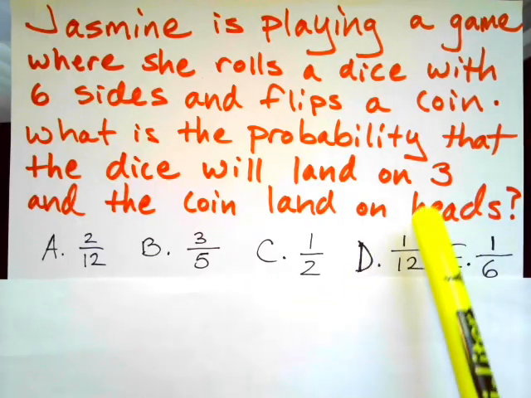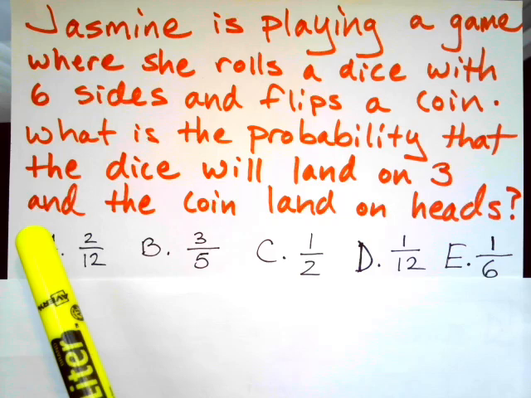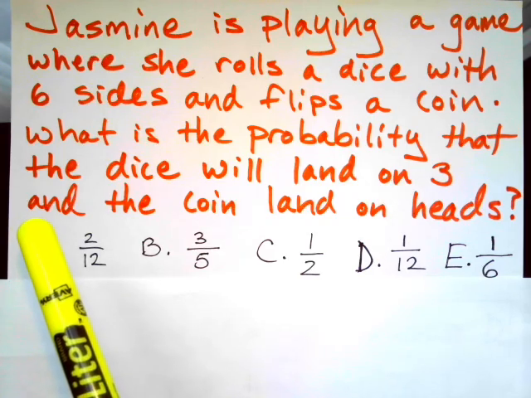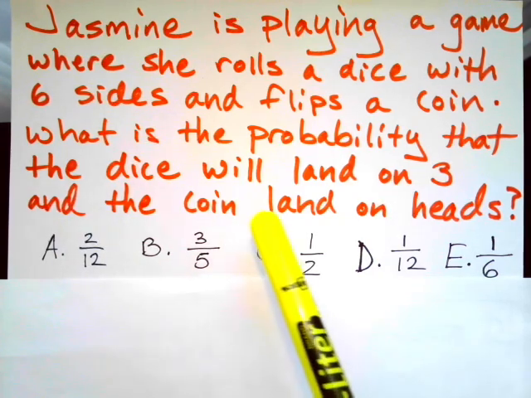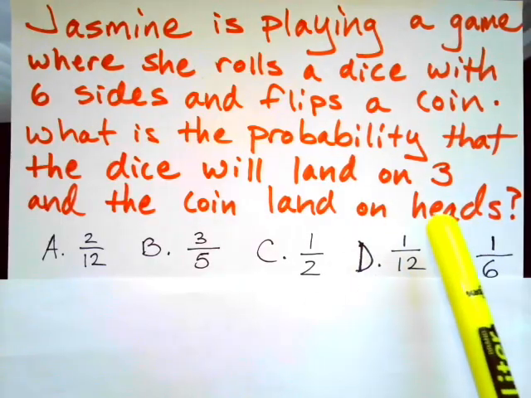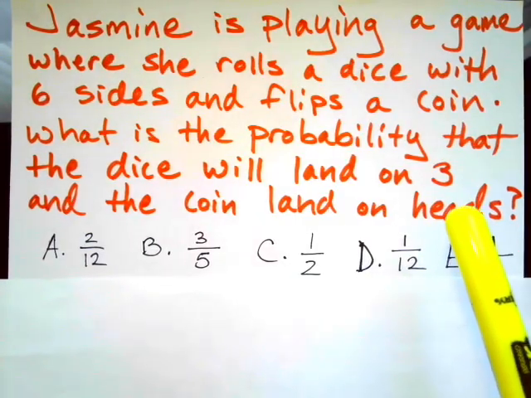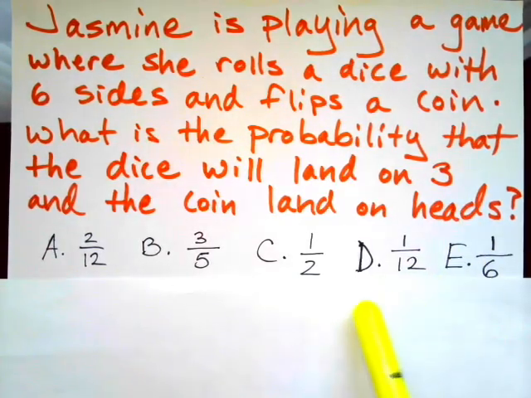Now, another piece of information I had from reading the question is in the last portion right before the question mark. And the coin landed on heads. Well, we typically have coins with the heads and the tails, right? Which is 1 out of 2.